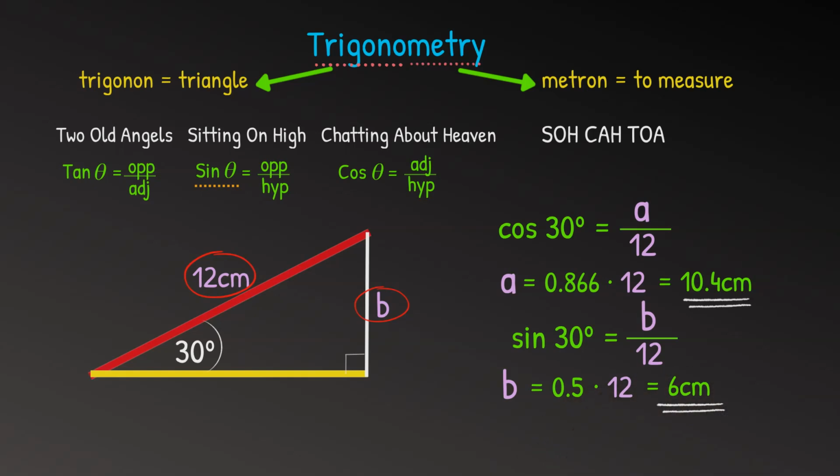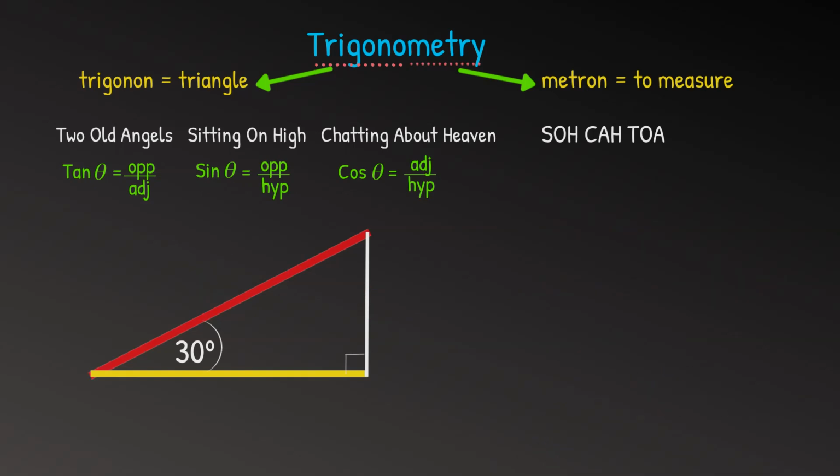which is equal to 6 centimetres. And likewise, if we don't have the hypotenuse, we only have a measurement of one of the sides, for instance, the opposite side, and we want to find out the adjacent side, the equation we're going to use is the tan of theta.